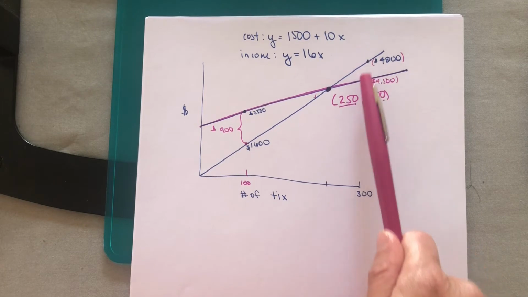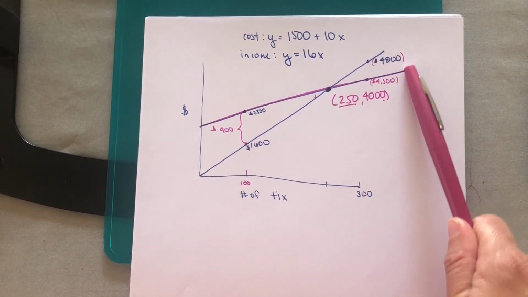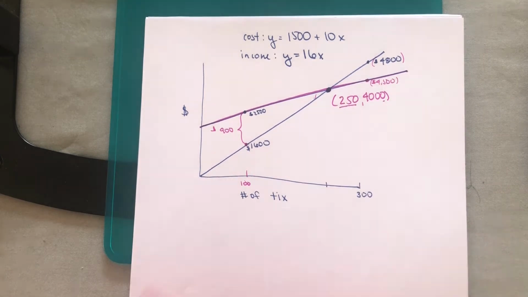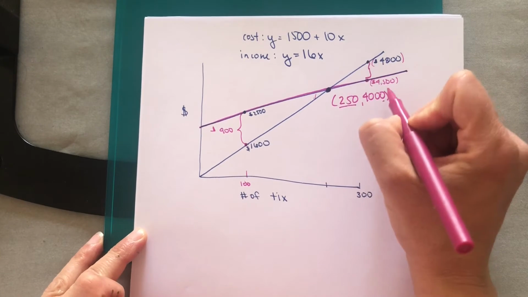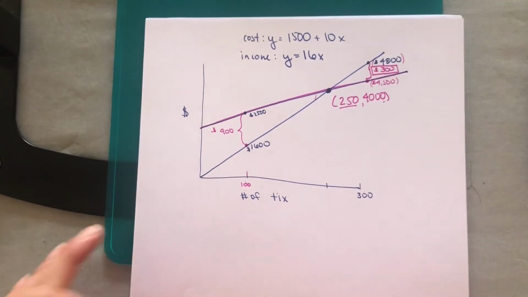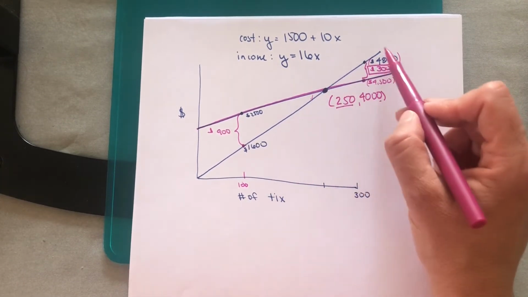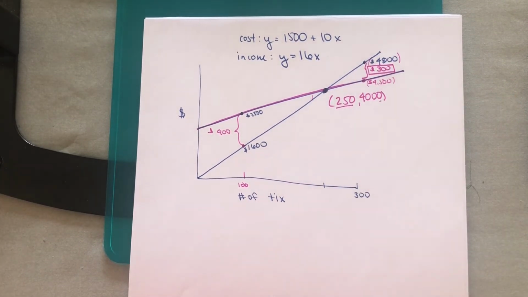So at this point, you would have gained $4,800, but only spent $4,500. So that means that you would have made a profit at that point of $300 because that's the difference now in the positive between what you bring in and what you have spent.